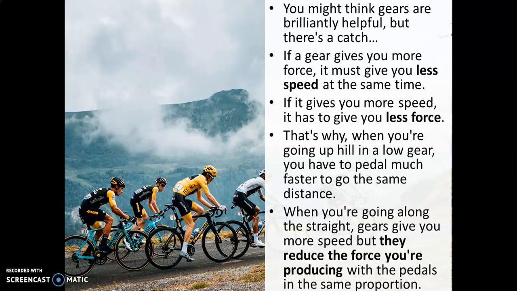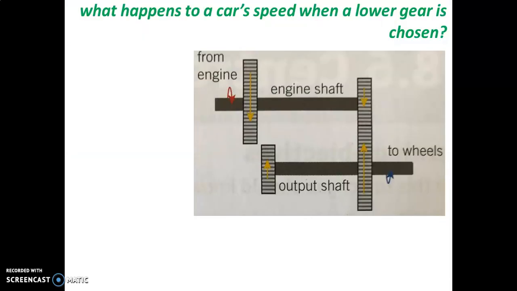But when you're going along the straight, gears actually give you more speed, but they reduce the force that you're producing with the pedals in the same proportion. Keep that in mind. They reduce the force you're producing. It's, in other words, less effort is required of the rider when they're going along the straight than the amount of force that the rider is required to produce when they're going uphill.